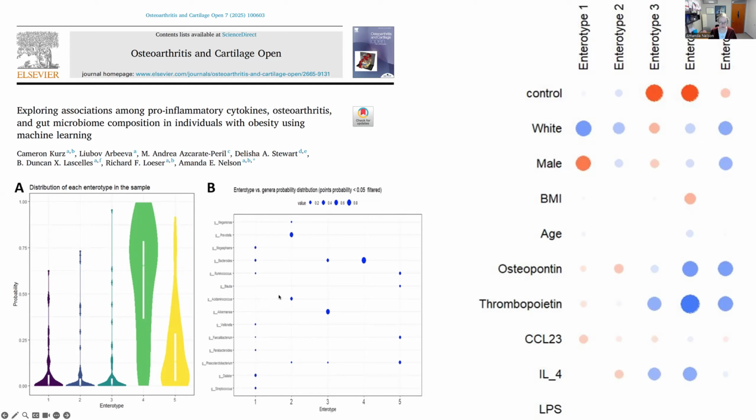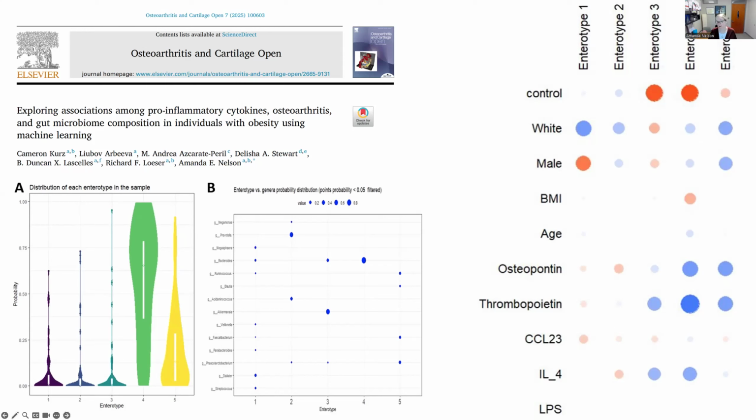And you can see the larger dots have a higher representation of that genus. So 4 has a lot of Bacteroides. 3 has a lot of Akkermansia, et cetera. And then we can look at the proportion within the population that have those enterotypes. So 4 is kind of the common one, and then 5 is a little bit less, kind of 50% here.